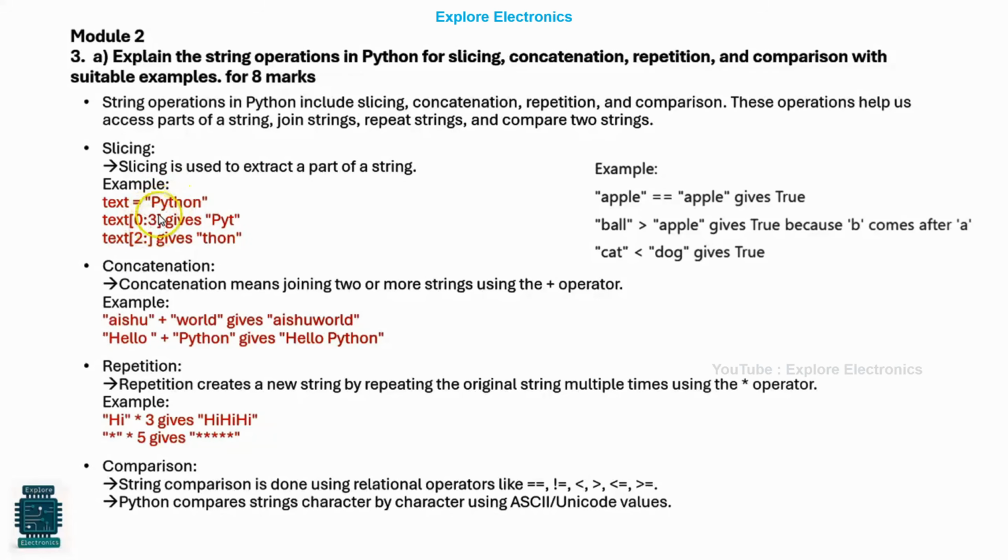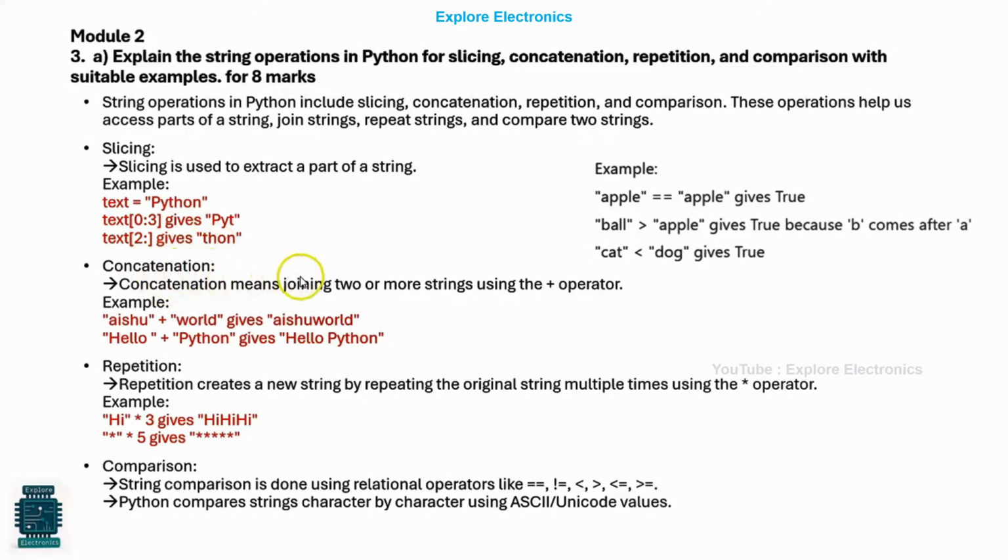I should not take third index. Clear? That's why it gives PYT in the output. Clear? And text of 2 colon, which means I am accessing from second index, that is 0, 1, 2. From T, I will access the entire string. Clear? THON.